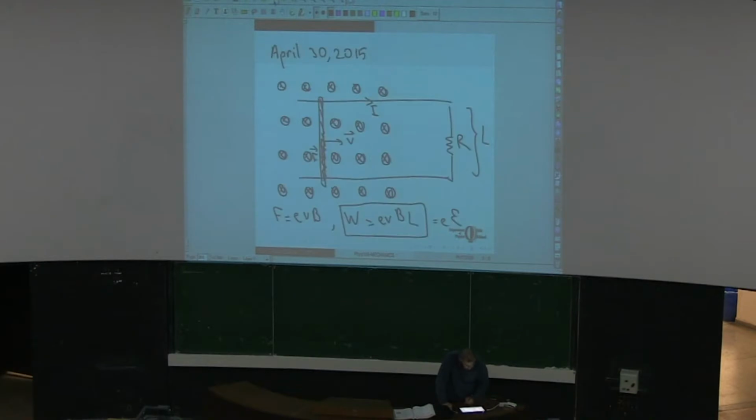Now let's do one more thing. Let's say that this distance here is x. So the velocity v over here will be equal in magnitude to dx by dt.